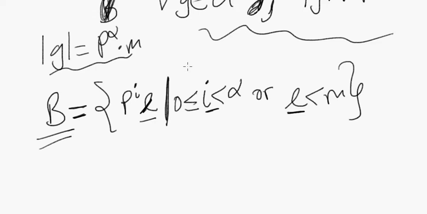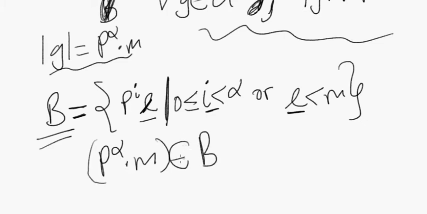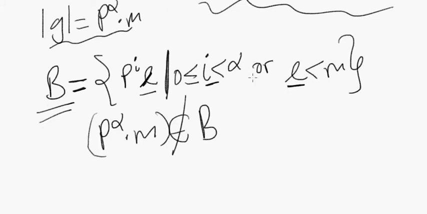One thing we think is maybe we could obtain a contradiction, because we know that by design, p to the alpha times m is not in B. It's not in the set of all possible orders of elements of G. So perhaps we can prove that p to the alpha times m is in B, which would be a contradiction. But again, it's unclear how this contradiction is going to work.